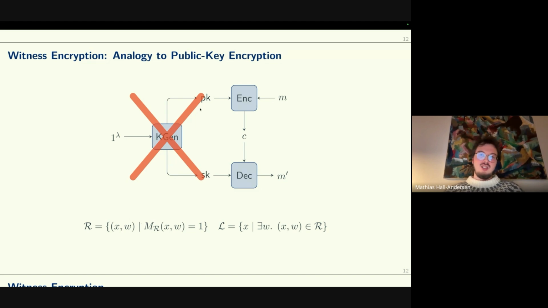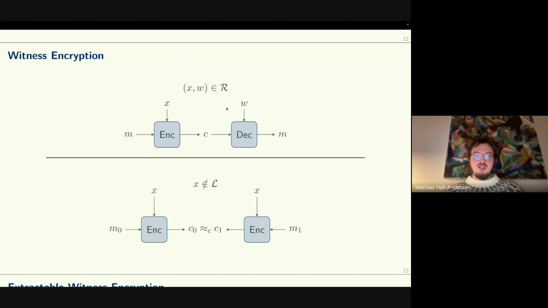So in other words, if I'm the encryptor, I can take my statement and my message and produce some ciphertext. And if you know any witness for this statement, potentially there are many witnesses, such that x and w is in the relation, then you can recover the message.